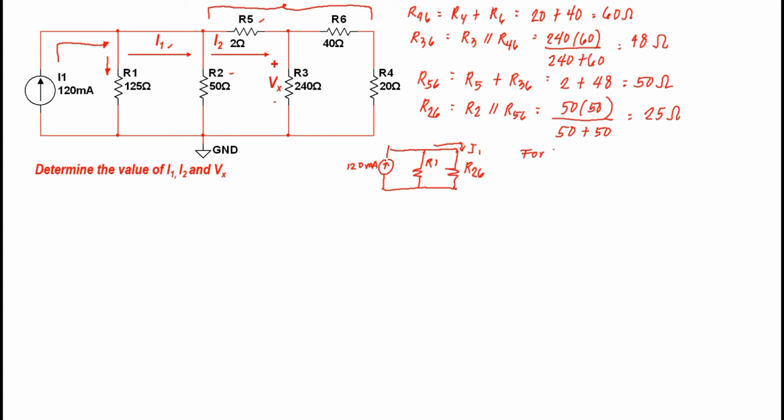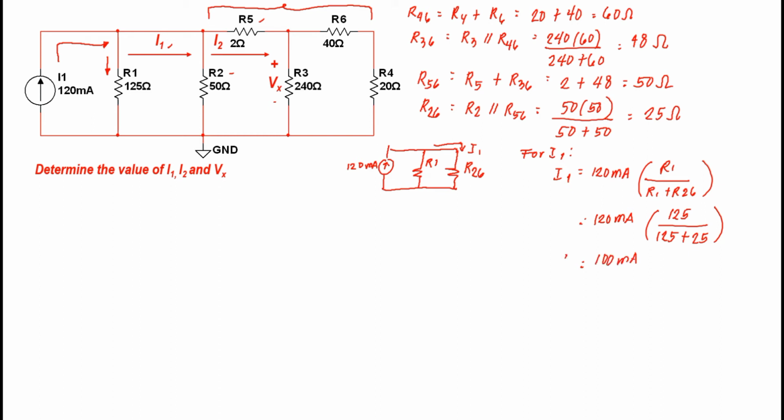I1 is equal to 120 milliampere multiplied by the other branch, that is R1 over R1 plus R26, and that's equal to 120 milliampere multiplied by 125 over 125 plus 25. So our I1 is equal to 100 milliampere.